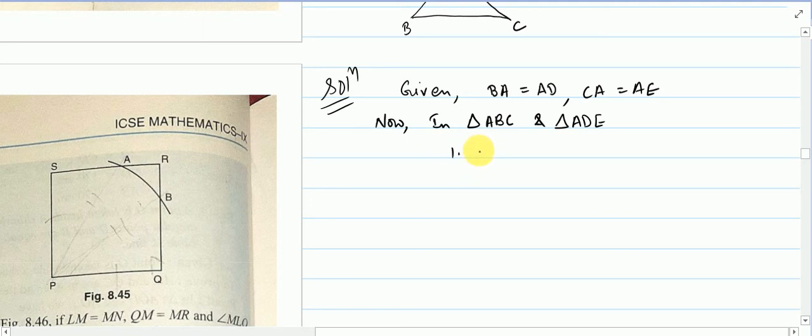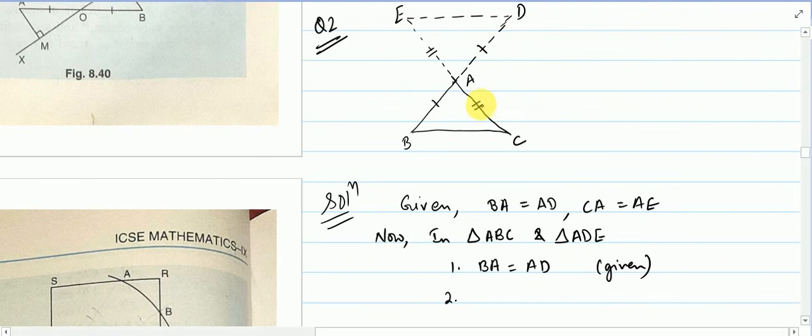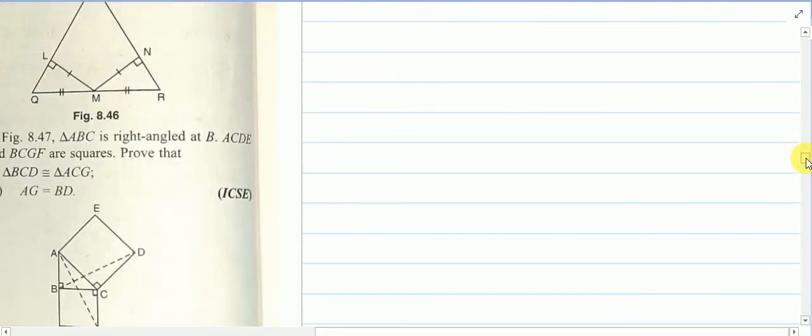firstly we have BA equal to AD, given to us. Number 2, you can see this angle will be equal to this angle, vertically opposite.